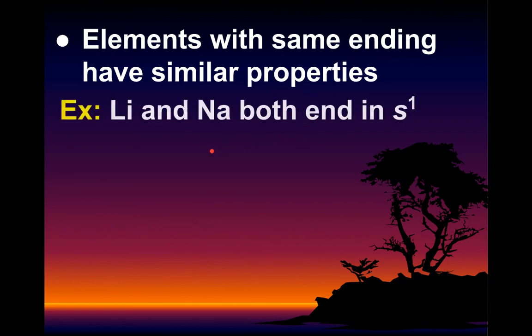For example, if you look at lithium and sodium, if we do their electron configurations, you'll see lithium ends in 2s1 and sodium ends in 3s1. That same ending means they have similar properties, so they're in the same family, you got it, alkali metals. It's that one electron in the s orbital that gives them their behavior and explains why they do things like react violently with water.